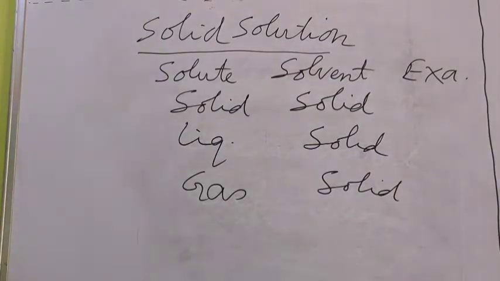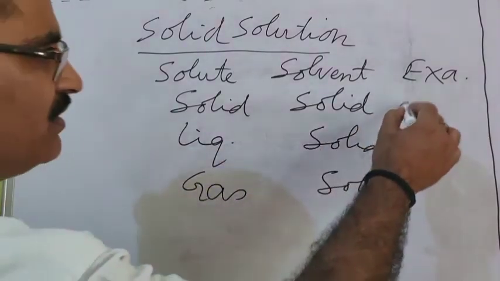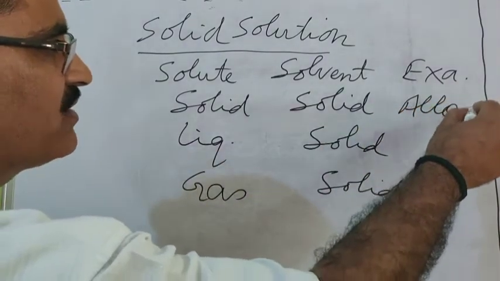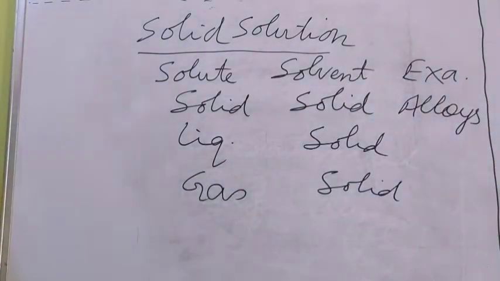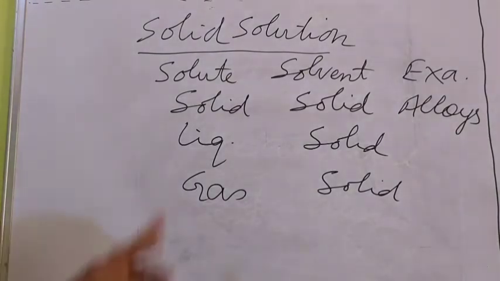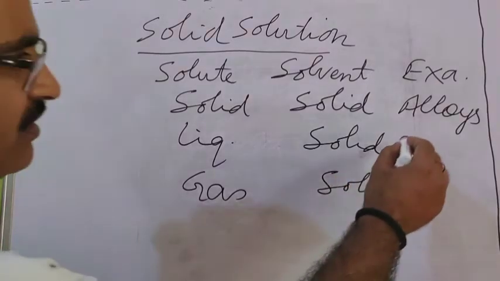Means that is known as solid solution, because in each case solvent is solid. So solid in solid, the example is alloys. All of you know alloys of metals and metal. Liquid in solid, the example of liquid in solid, that is the hydrated salt.